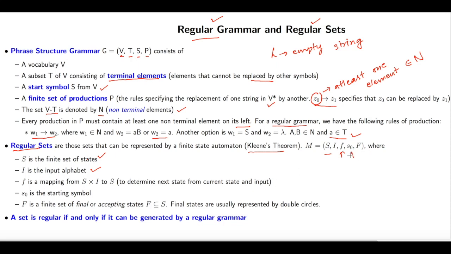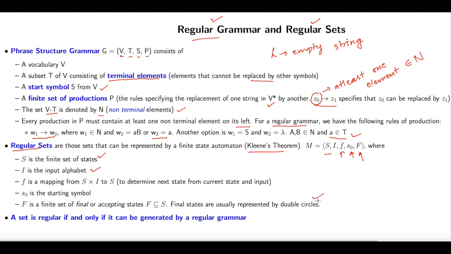S0 is the starting state. And F is the set of accepting states, or final states, which is obviously a subset of the total states. In terms of representation, if we draw the transition diagram or graph, final states are usually represented by double circles.